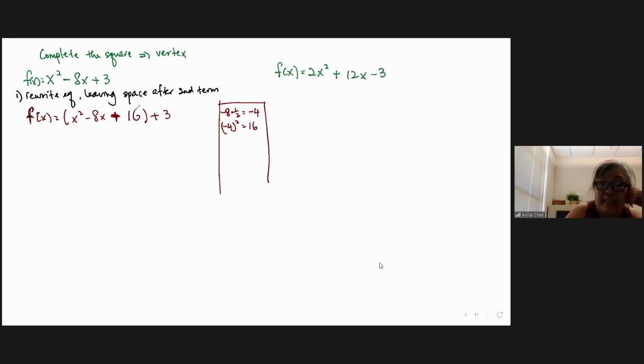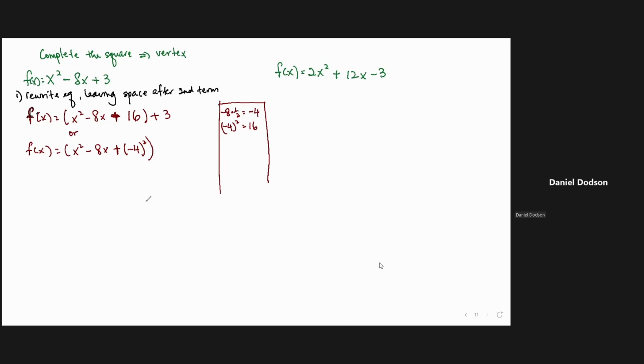I can write 16 here, or I can actually write f of x equals x squared minus 8x plus negative 4 squared. It's the same thing, right? So just to clarify, you took the coefficient from the second term, multiplied it by half, and then squared that result. Yes. Okay.